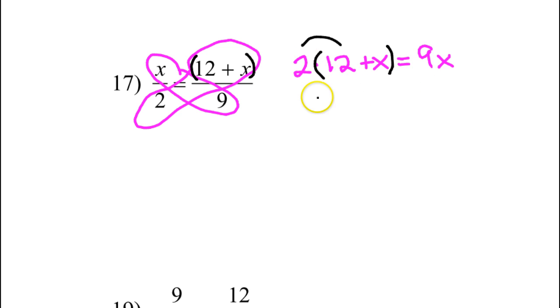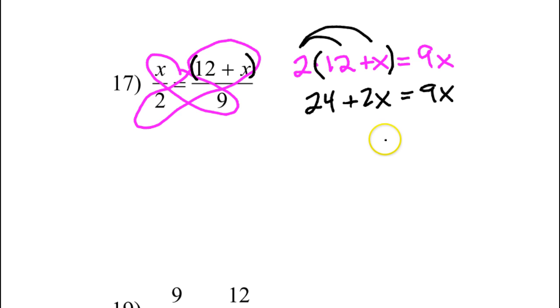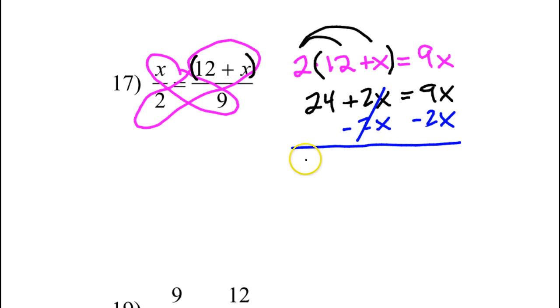So we got 2 times 12, which is 24. 2 times x equals 9x. We get the variables on the same side. Subtract 2x on both sides, right? So 24 bring down equals bring down 9x minus 2x, 7x.